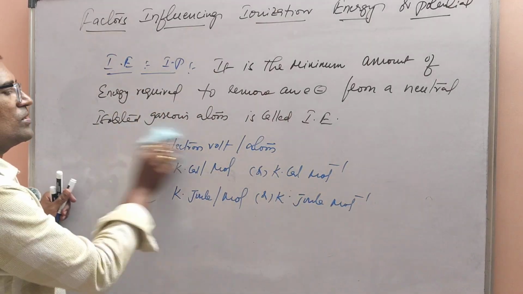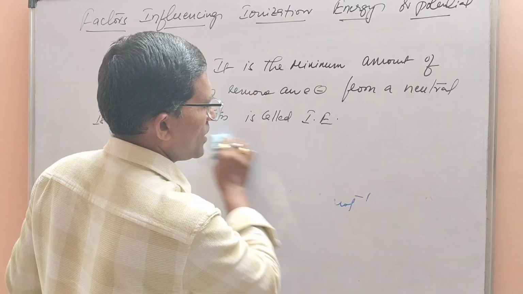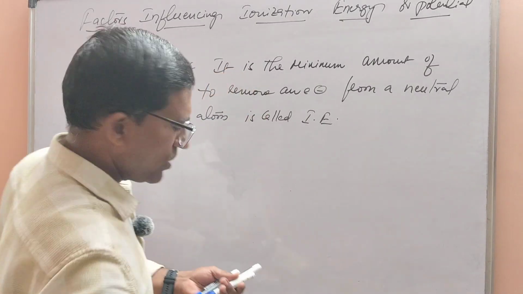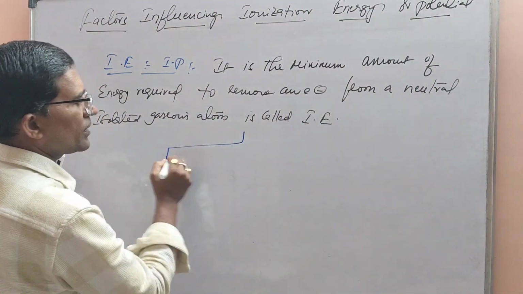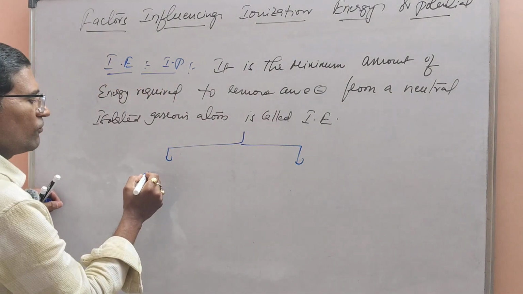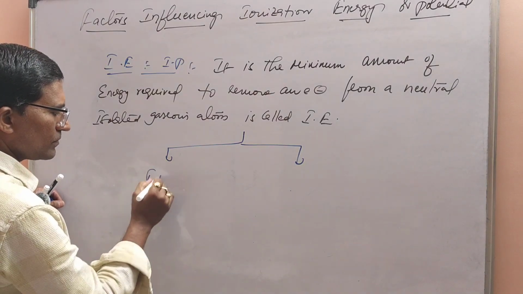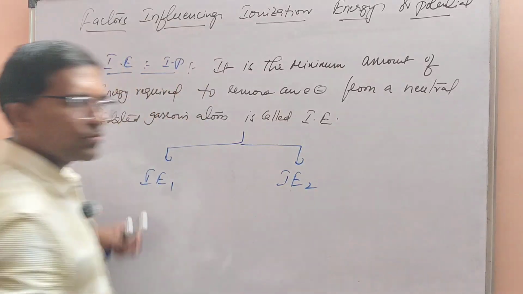Now, ionization energy is of different types: first ionization energy, second ionization energy, and if you go on, even third ionization energy. Here we are discussing two types: first ionization energy, IE1, and second ionization energy, IE2.